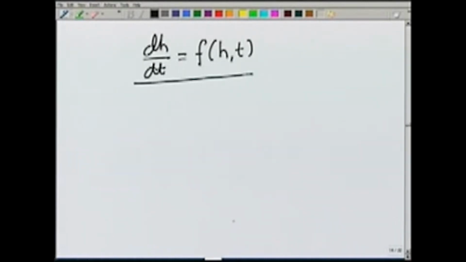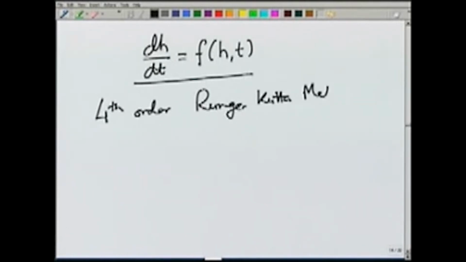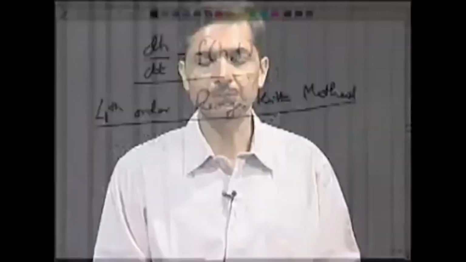One of the most popular numerical techniques is known as the fourth order Runge-Kutta method, and is normally taught in all numerical method courses.